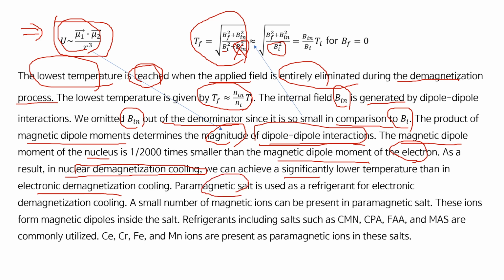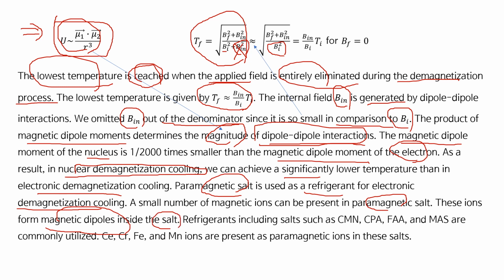Paramagnetic salt is used as a refrigerant for electronic demagnetization cooling. A small number of magnetic ions can be present in paramagnetic salt. These ions form magnetic dipoles inside the salt.